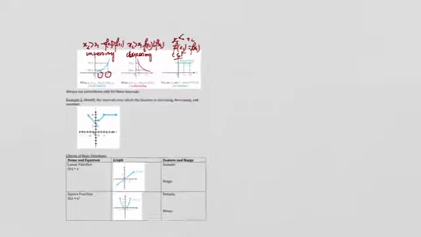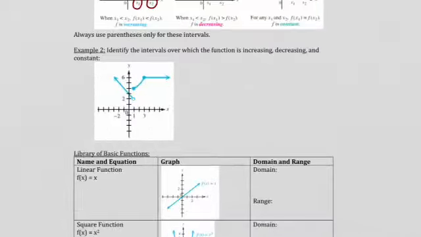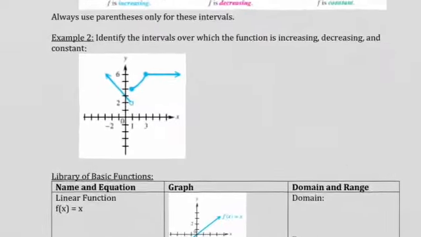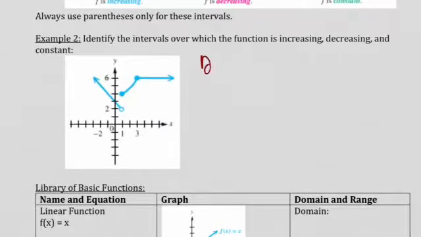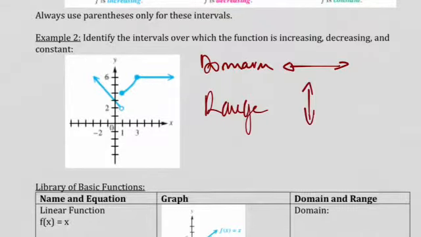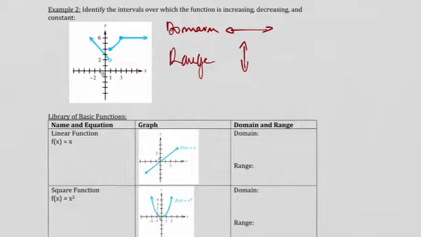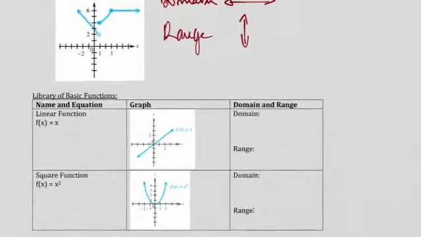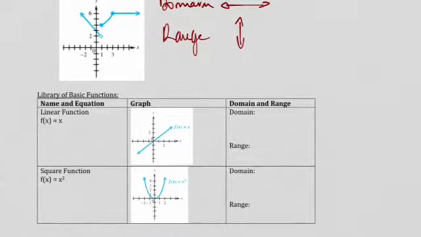You have to remember that we read the domain on the x-axis, so on the horizontal, and the range is read on the vertical. So when I look at the linear function f of x equal x, and I want the domain, I look on the horizontal right there.